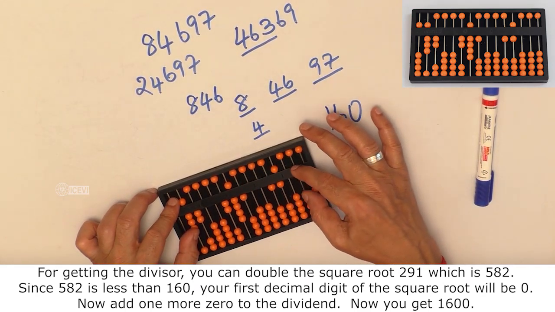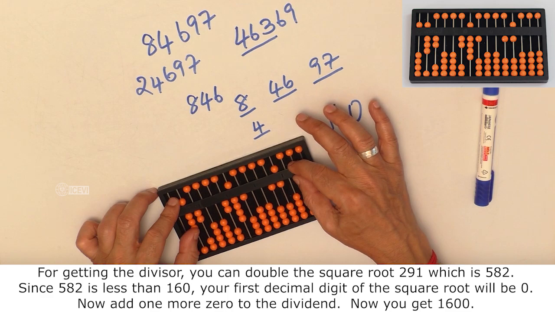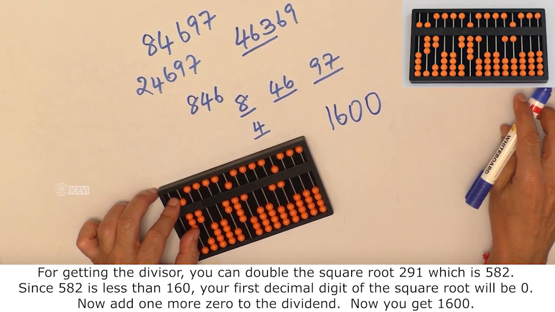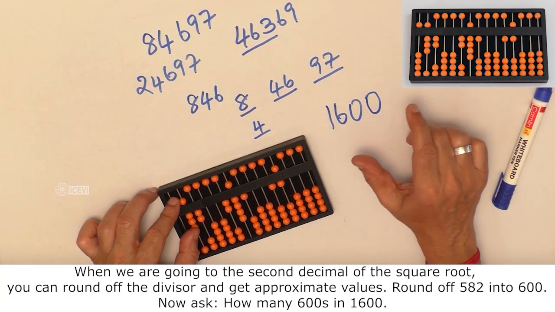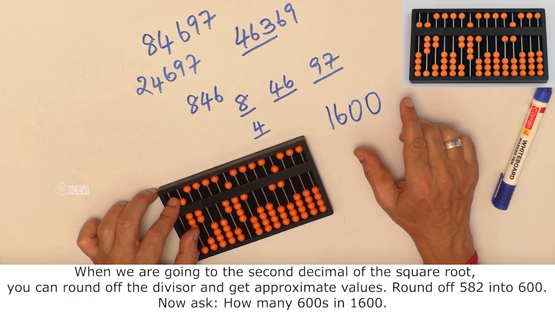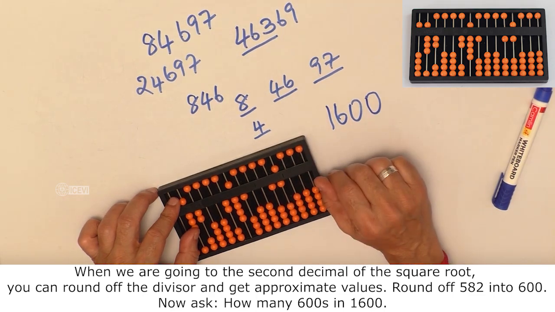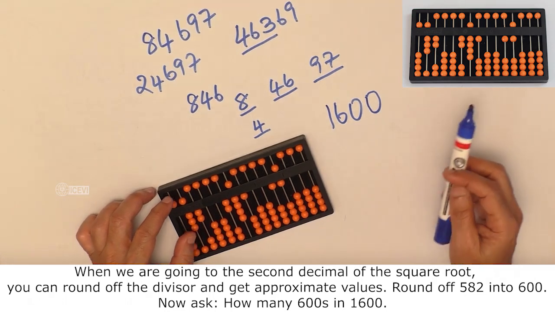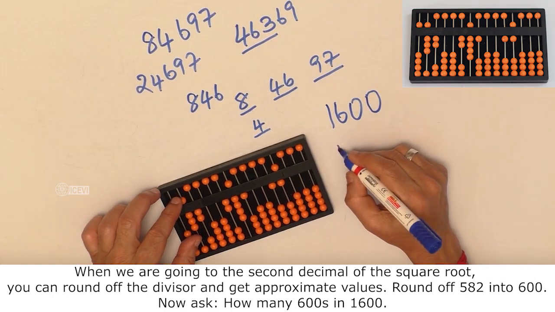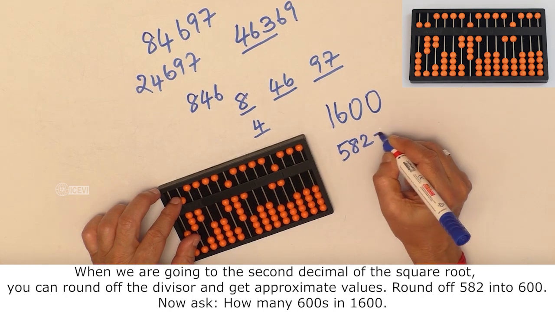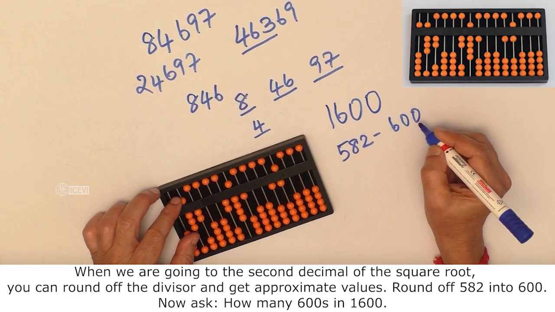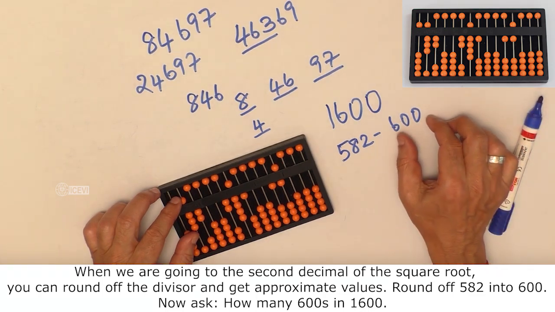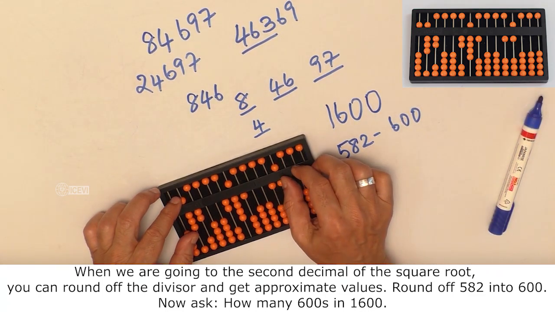Now add one more 0 to the dividend and you get 1600. When you are going to the second decimal of the square root, you can round off the divisor and get approximate values. Now round off the divisor 582 into 600 and ask how many 600s in 1600.